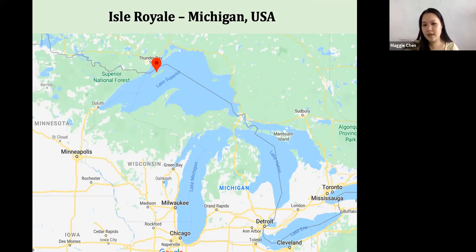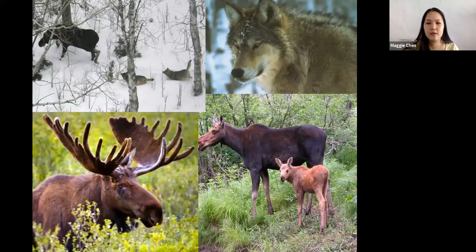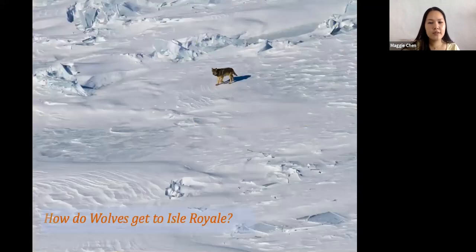And now we're going to look at Isle Royale through our simulation, through Simutext. So again, we're looking more specifically at moose and wolf populations and how they affect each other in Isle Royale. But how did wolves get to Isle Royale? So one really harsh winter, there was a lot of snow, and an ice bridge formed from the coast to Isle Royale.